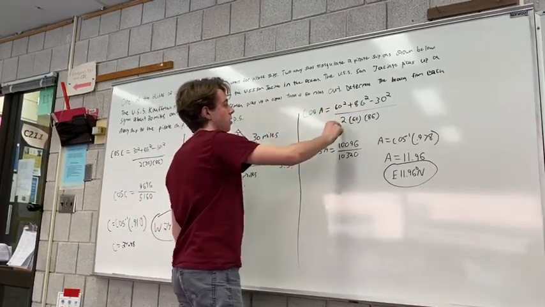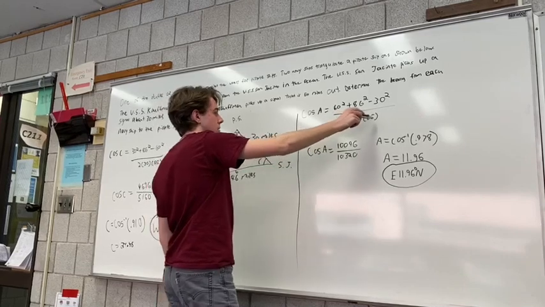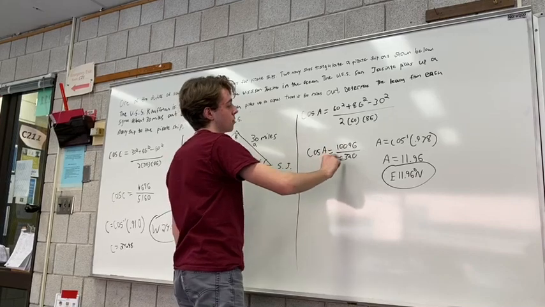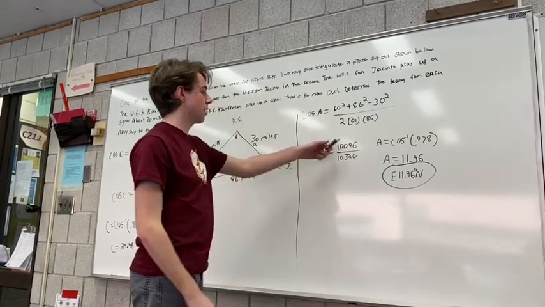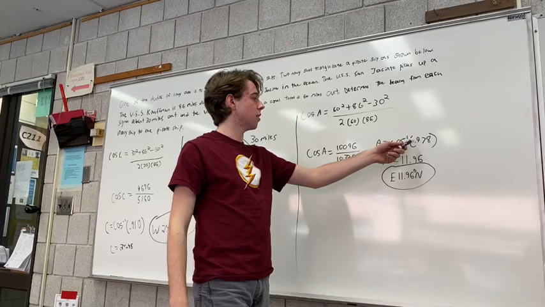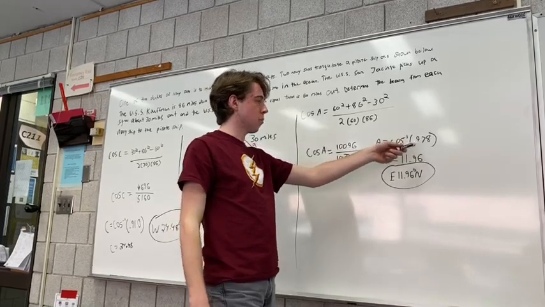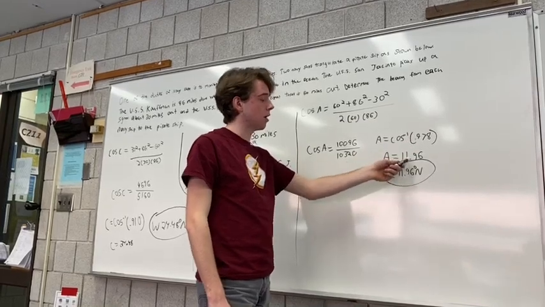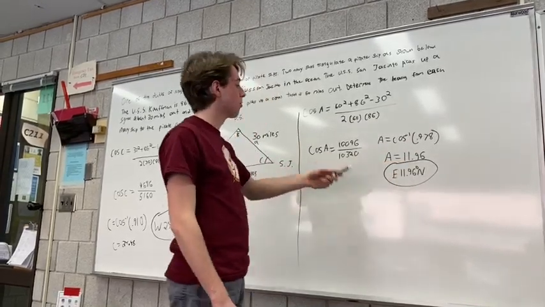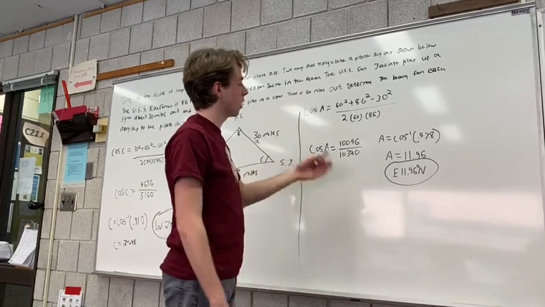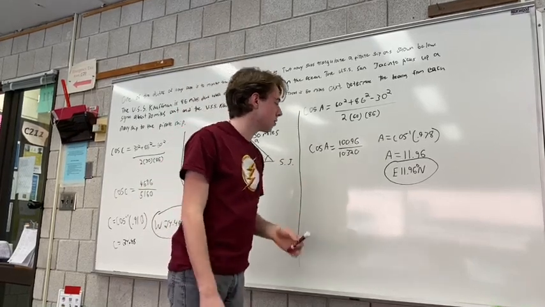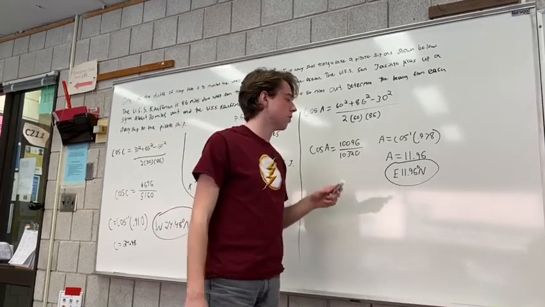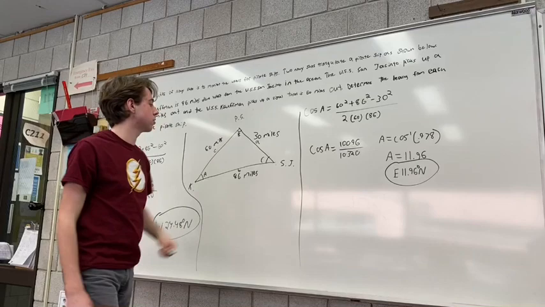So you plug those in over 2 times 60 times 86, which then equals 10,096 over 10,320, which you then divide, and you get 0.978, and you stick 0.978 into the inverse cosine equation, and you'll get 11.96. So your final answer for the bearing of the USS Kaufman is the Kaufman is bearing 11.96 degrees north of east of the pirate ship.